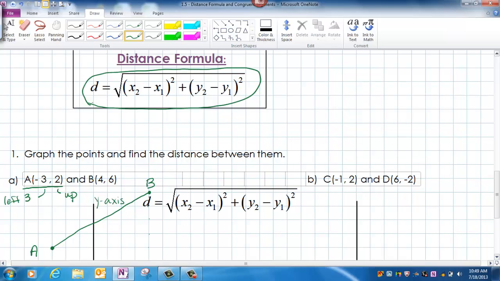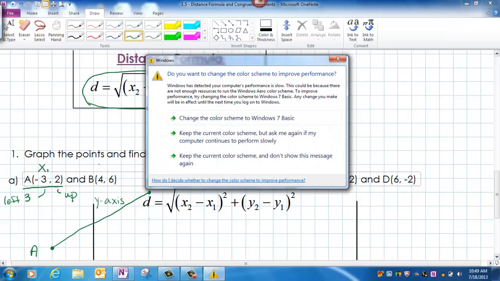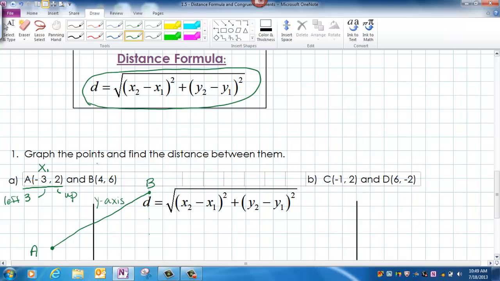If you notice on here, it says x2 with a little subscript 2 minus x with a little subscript 1. That just means your first x coordinate and your second x coordinate. So here for point A, this is one of the x coordinates. This would be x1. And then here for point B, this would be your second x coordinate, so we'll call that x2.